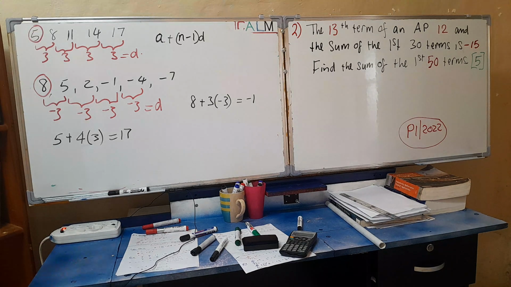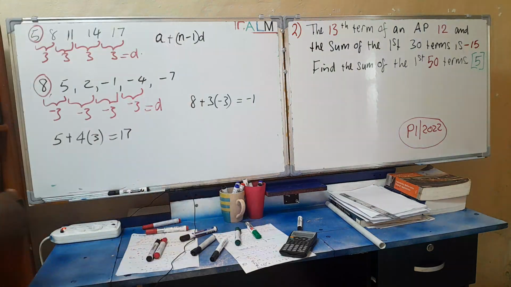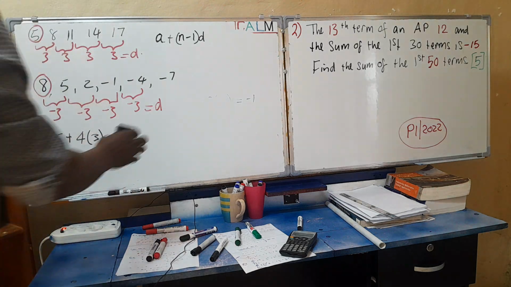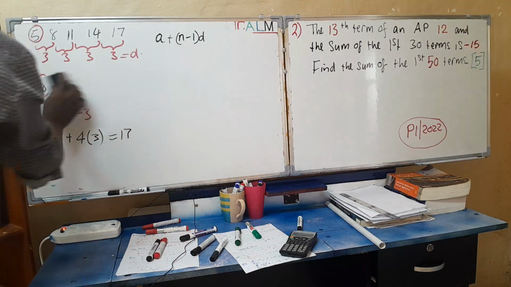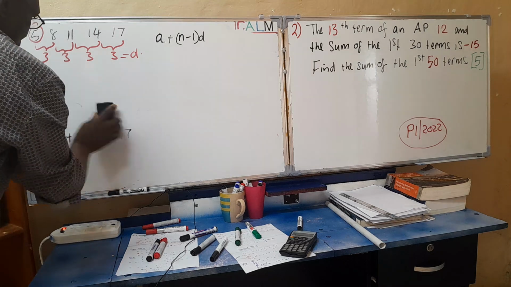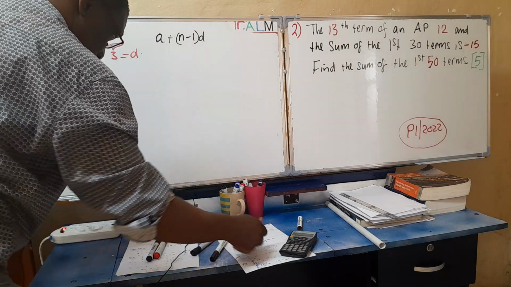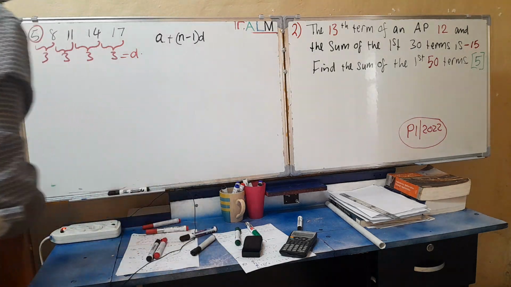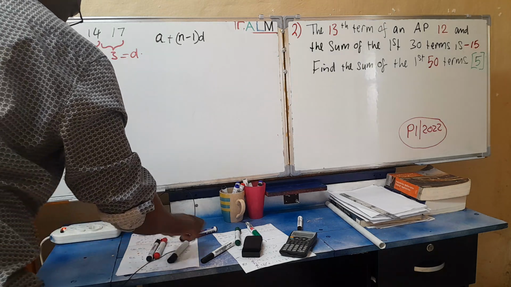Now, sometimes we want to sum the terms of an arithmetic progression up to a certain number. Supposing we want to find the sum to a certain number of terms of our arithmetic progression, how do we do it?